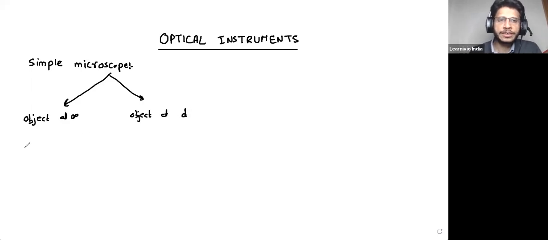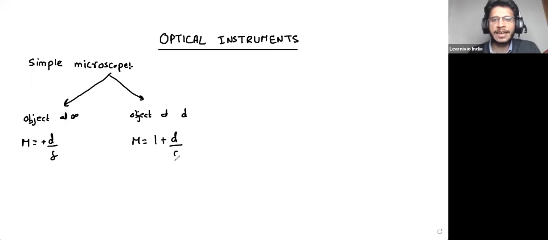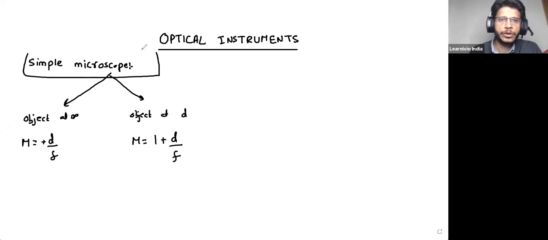If your object is at infinity, then the angular magnification was d by f, right? Plus d by f. When your object is at least distance, then your angular magnification is 1 plus d by f. So we'll do numericals on these two concepts.